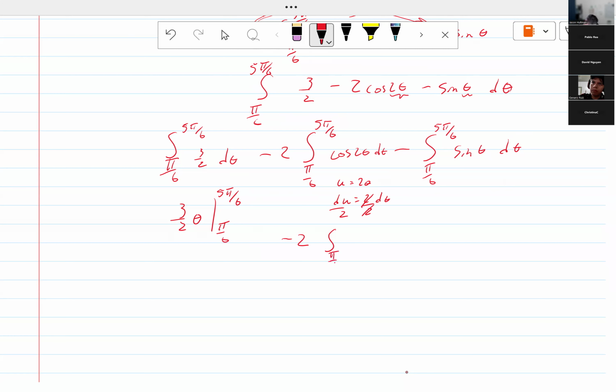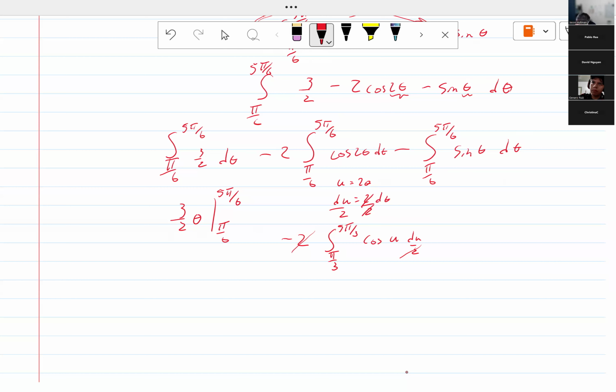So this becomes pi over 3 to 5 pi over 3. This is going to become cosine of u du over 2. But what's nice here is the 2 and the du over 2 will cancel out, which is very helpful.